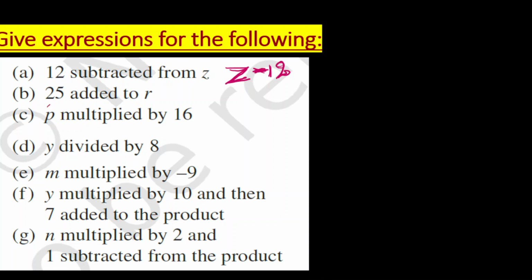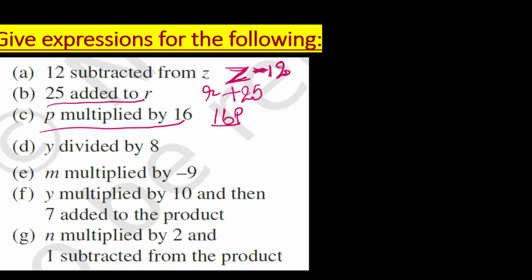Here 25 is added to r. We are adding 25 to the variable r, so this can be written as r plus 25. And p is multiplied by 16. Here we are multiplying the variable p by 16, so this can be written as 16p.